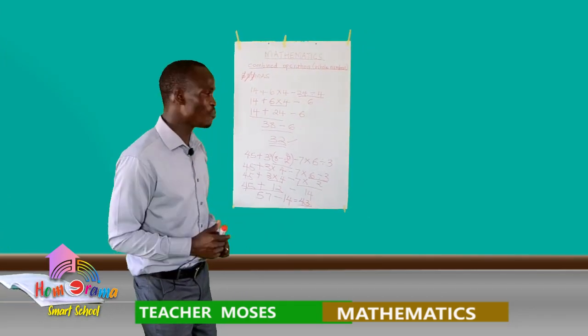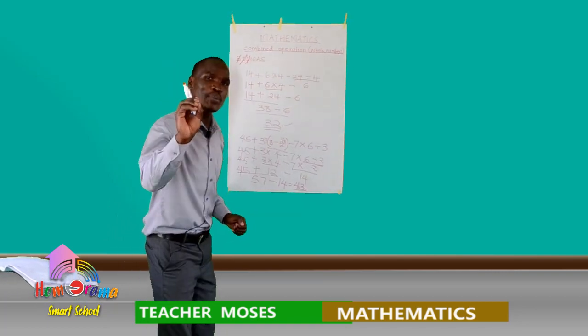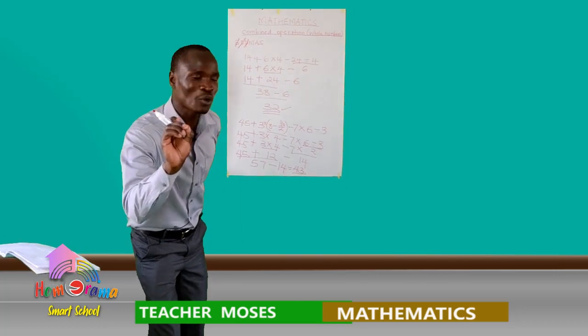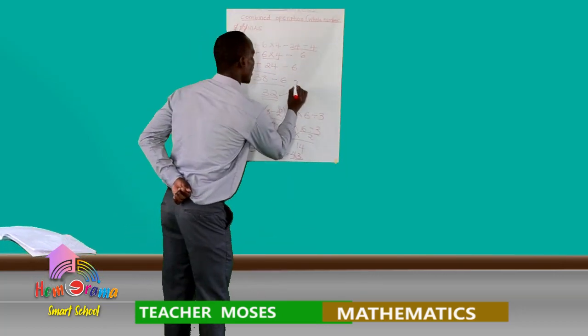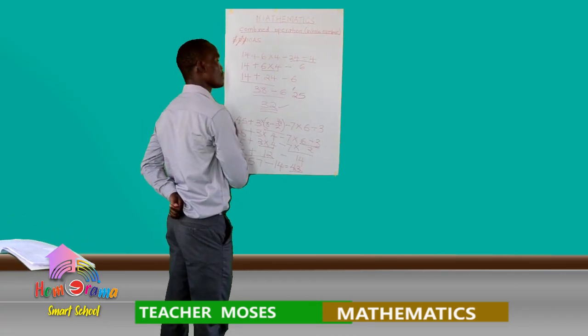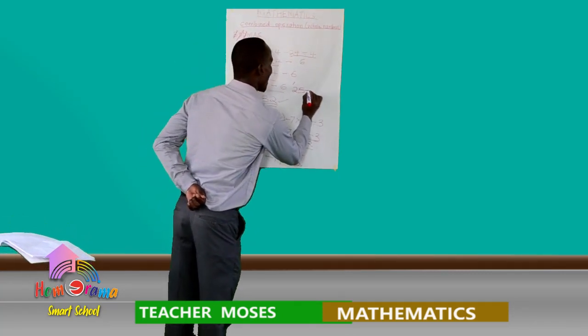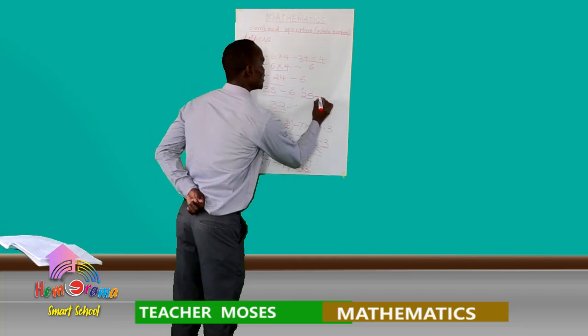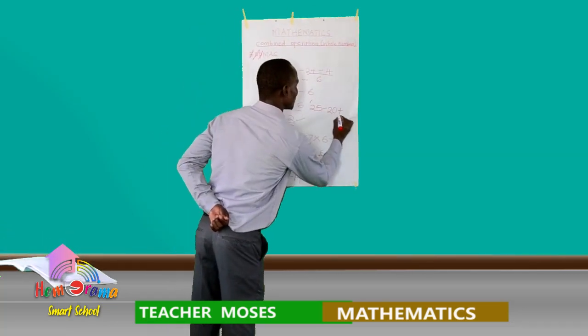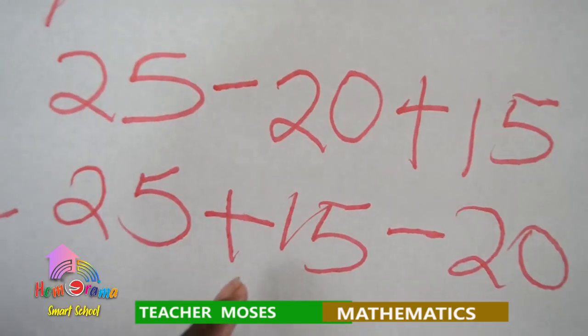Now, this small bit. What if you happen to remain with 25 minus 20 and then plus 15.